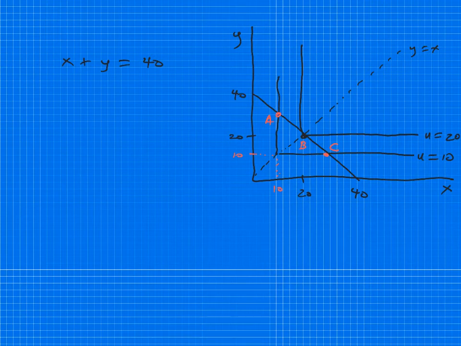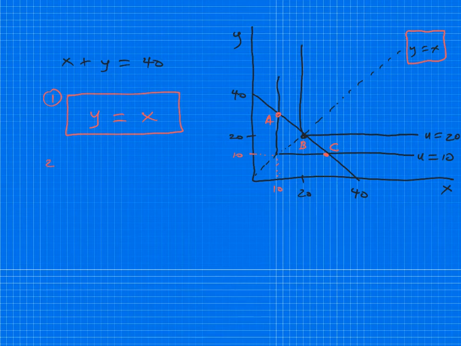Well, if you recall, we actually have an equation that describes all of the corners of the indifference curves, and I'm going to label this equation 1. That equation was just y equal to x. Remember, every single corner of an indifference curve has to fall on that line y equal to x.